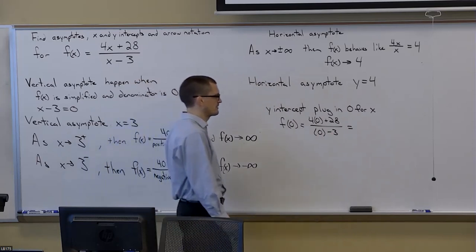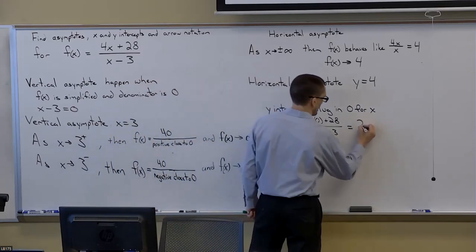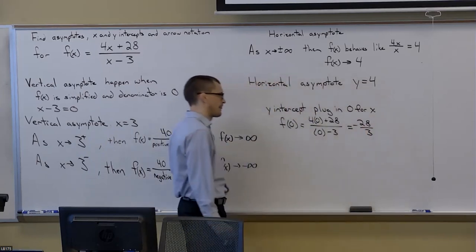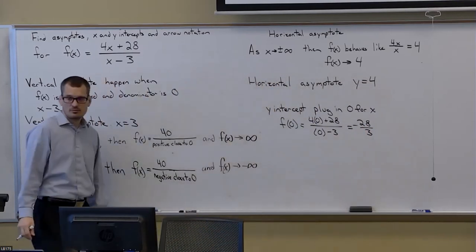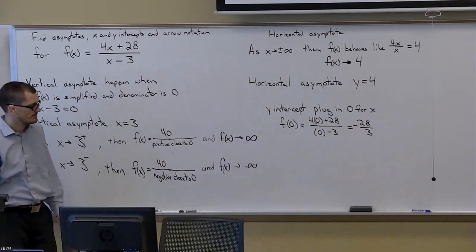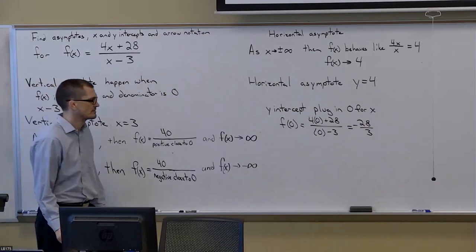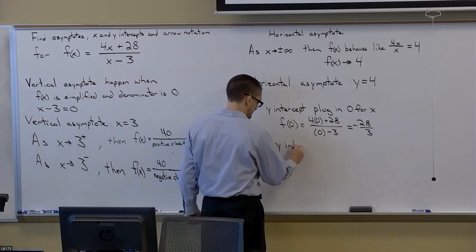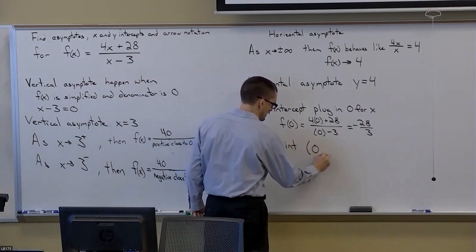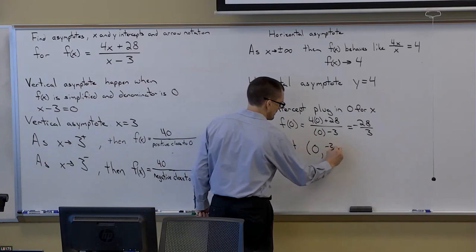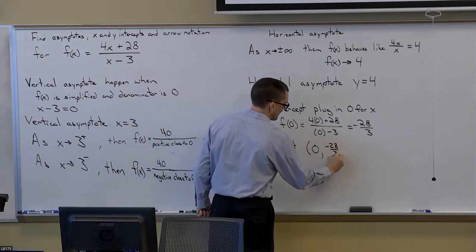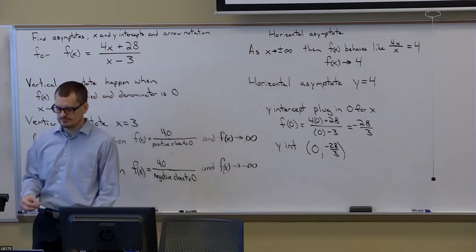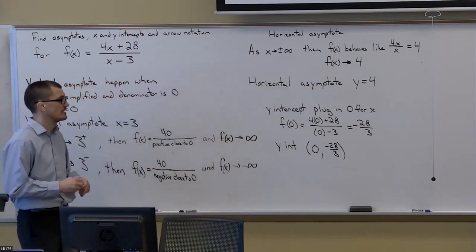We'll just call it 28 over negative 3. Negative 28 thirds. So the y-intercept is the point 0, negative 28 over 3. Doesn't reduce, sad.